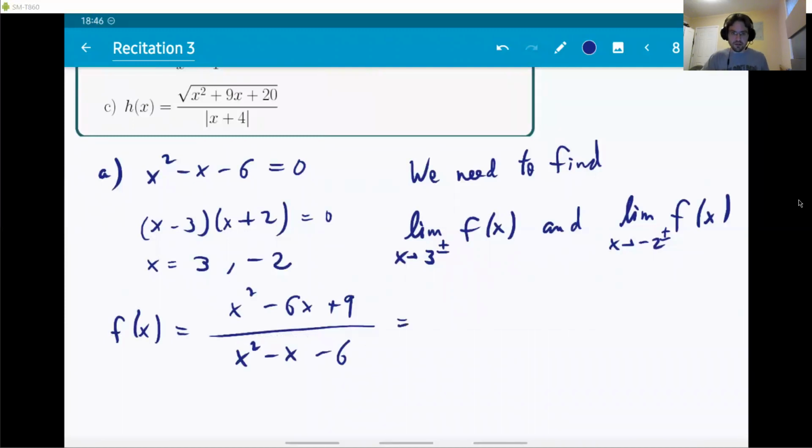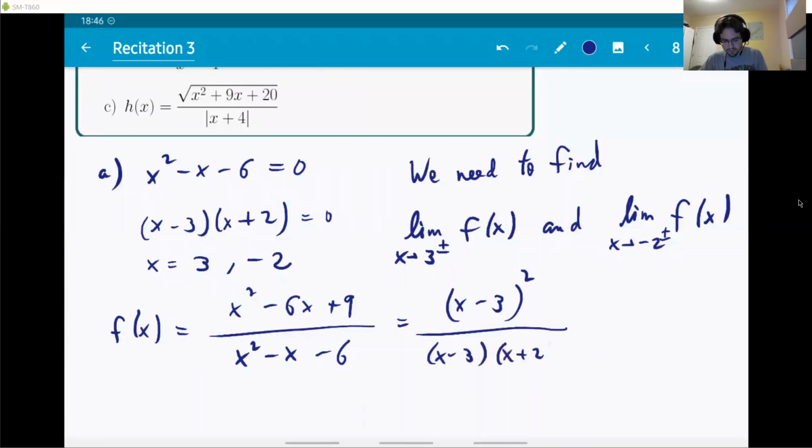You may recognize the numerator as x minus 3 squared. So if you are going towards 3, for example, you can cancel the number x minus 3 because it's not 0. There is still going to be one factor left in the numerator, but no factors in the denominator. So the function is actually this simpler function here, except at the points 3 and negative 2 where it's not defined.